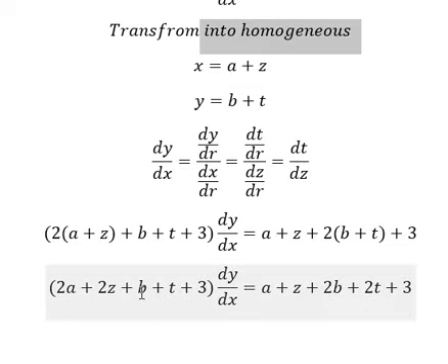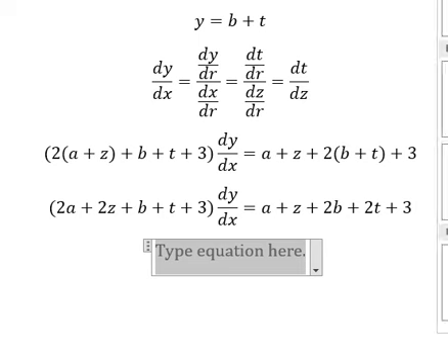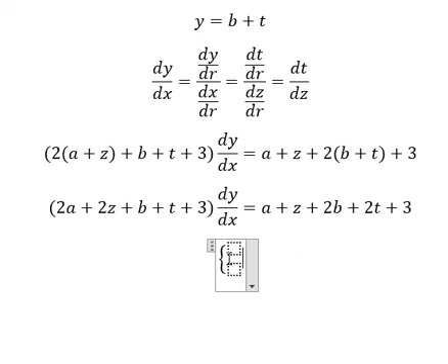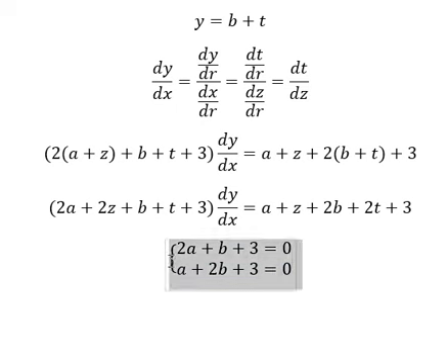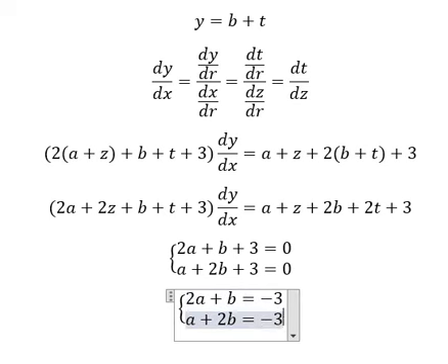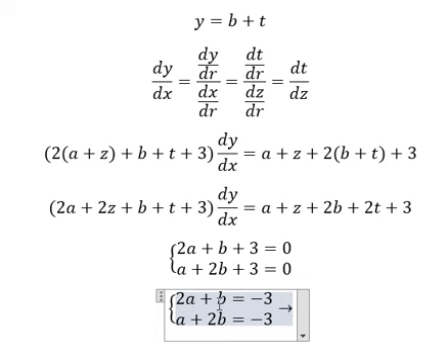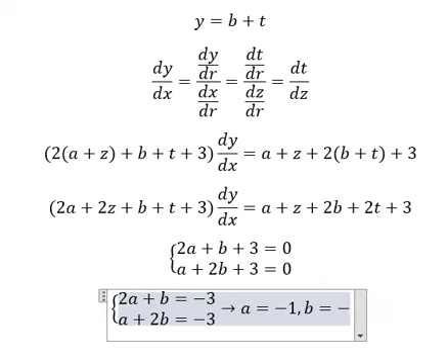We need to put the constant equal to 0. That means we have 2a plus b plus 3 equals 0, and a plus 2b plus 3 equals 0. And now we have the system of equations. So we need to find the solutions of a and b. So a equals negative 1, b equals negative 1.